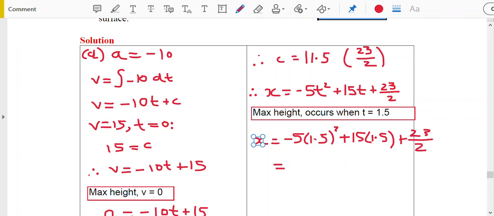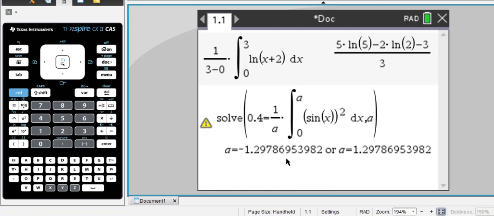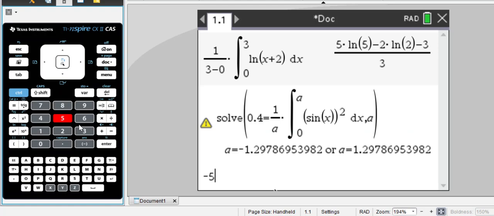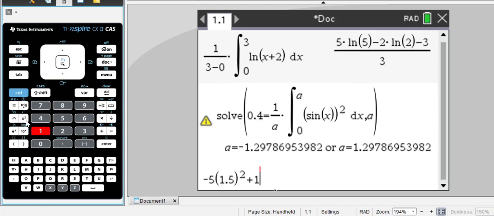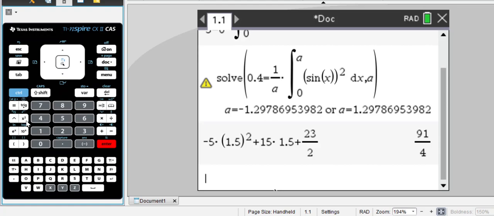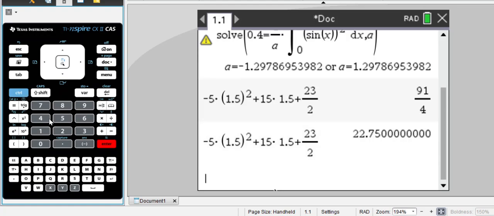I'm just going to use my CAS to work this out. Negative 5 times 1.5 squared plus 15 times 1.5 plus 23 over 2. As an exact number, I get 91 over 4. If I want a decimal number, it's 22.75.